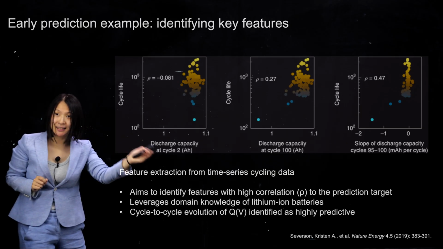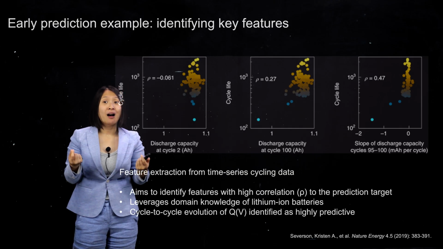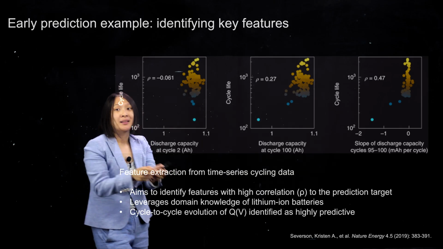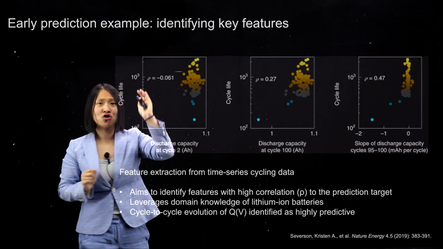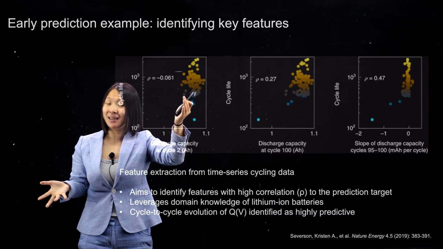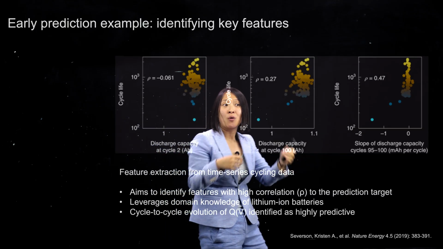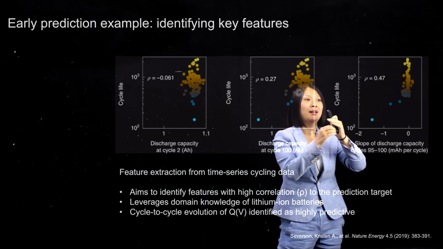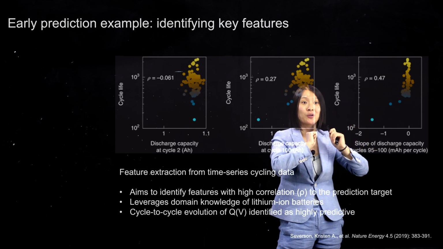In this case study, the researchers first tried to explore how the early features can impact the model performance. For example, we can extract the discharge capacity measured at cycle 2 or at cycle 100. We can also explore the slope, in a way the change of discharge capacity between two different early cycles.